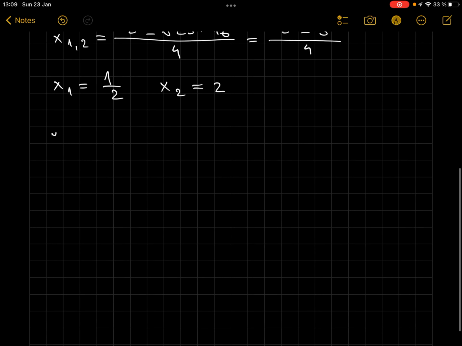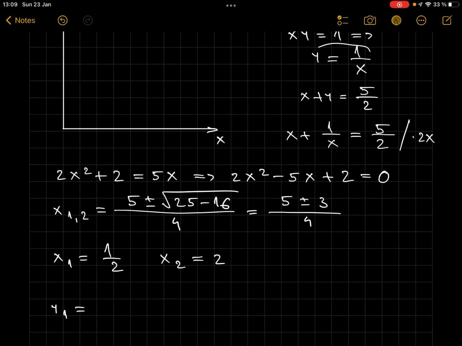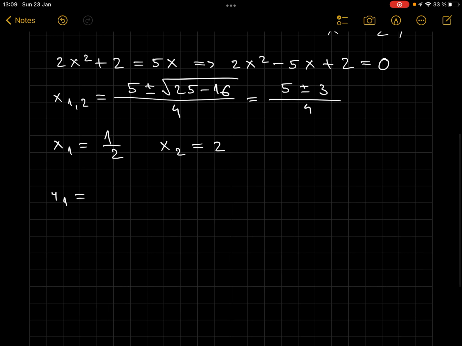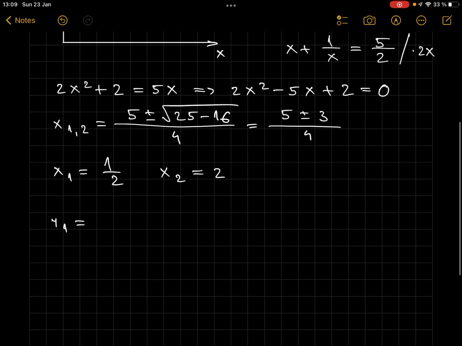So in other words, when we go back to this equation right here, the y-coordinate for this x-coordinate is going to be 1 over 1/2, which is simply 2. And the y-coordinate for this solution is going to be 1 over 2, which is just 1/2.